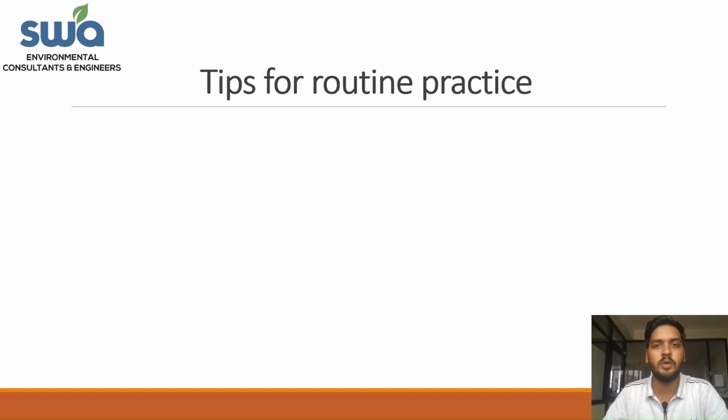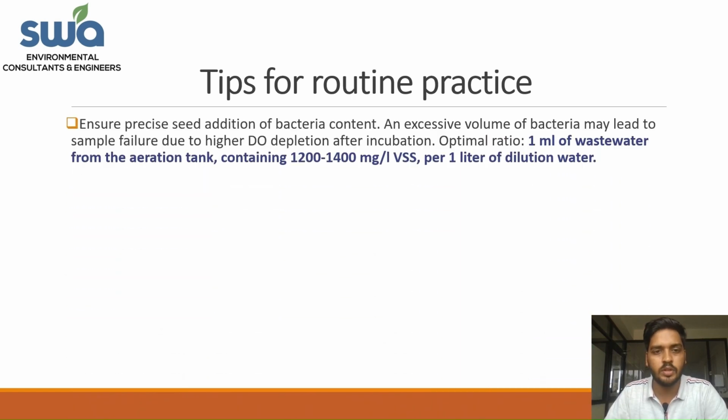Before moving to the final DO in the water sample, I have some tips for routine practice to make your process smooth and error free. First, ensure you add a precise seed addition of bacteria content into the sample. An excessive volume of bacteria may lead to sample failure due to higher DO depletion.